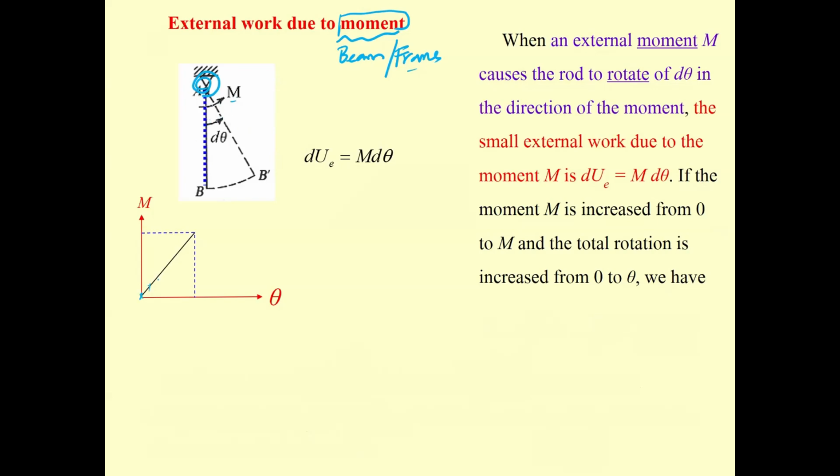When M increases, the angle is also increased. So for a very small moment M and the angle theta over here, the area under the curve is going to be the external work.